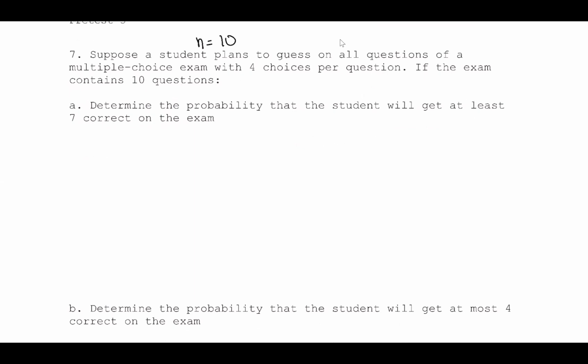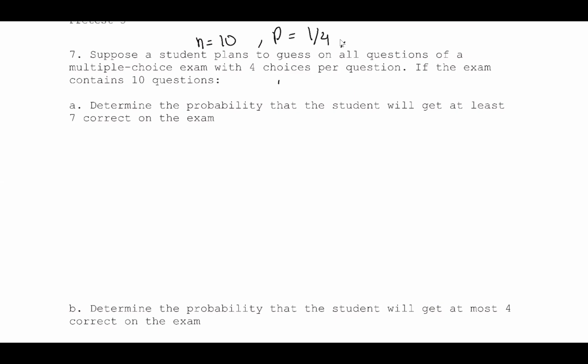So since they're guessing, they don't really have any inclination on which of the options are correct. So the probability they guess correct will be 1 out of 4. The way that I get the 1 out of 4, because if you look at it, they tell you there are 4 choices.